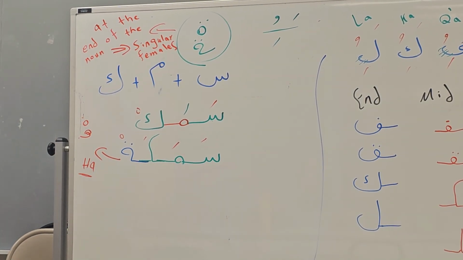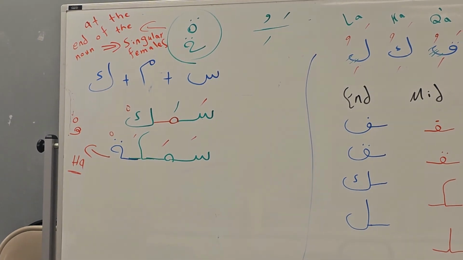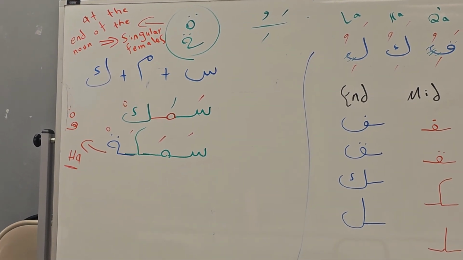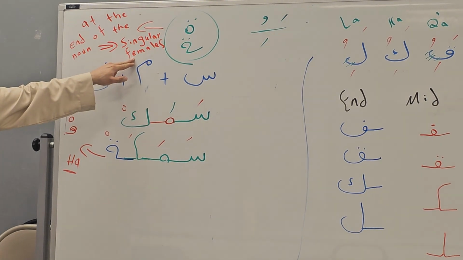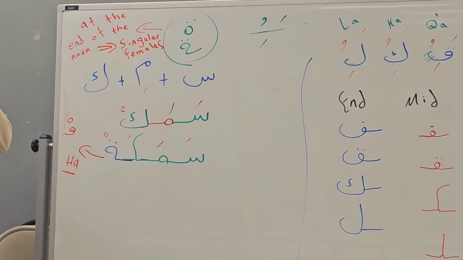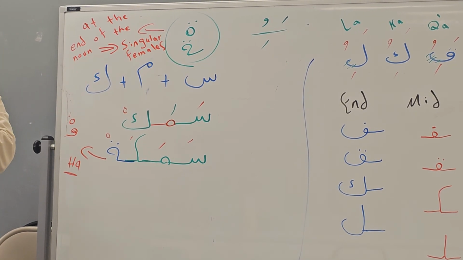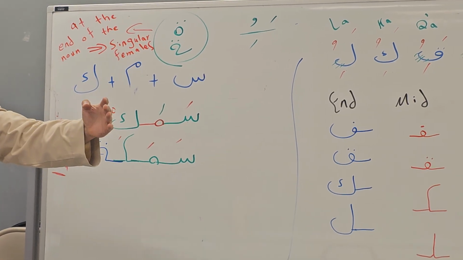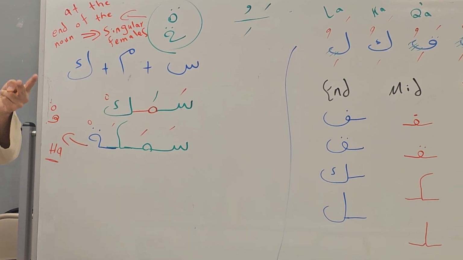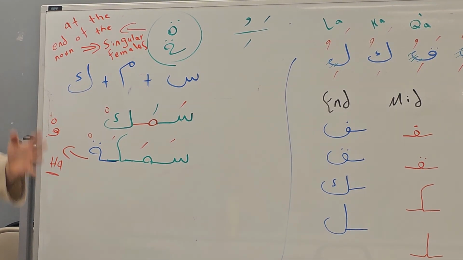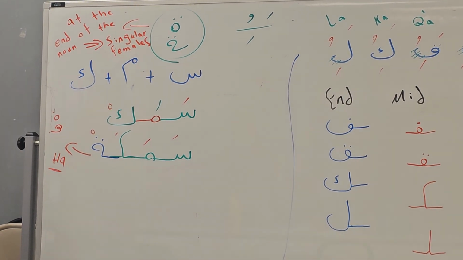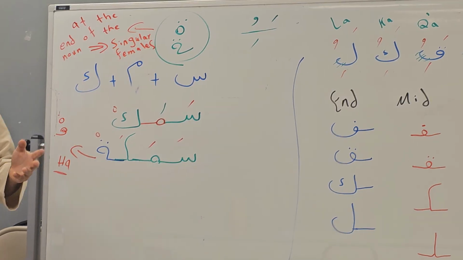So I'm confused, how do you know when it's a ta marbuta? I don't get it. We just use it for females, to change the noun from plural to singular in Arabic. If you want to change the noun from plural to singular, you have to take into consideration: is it male or is it female?